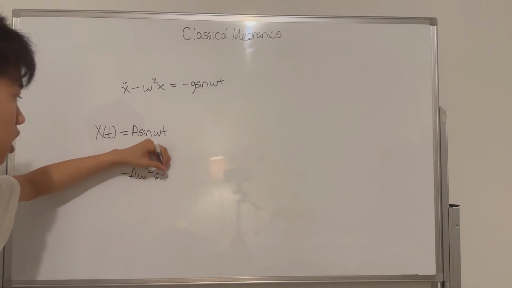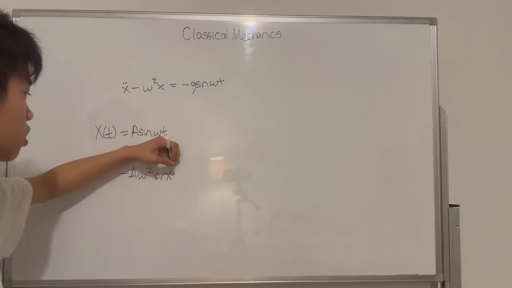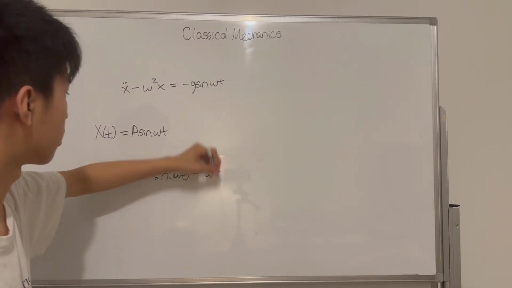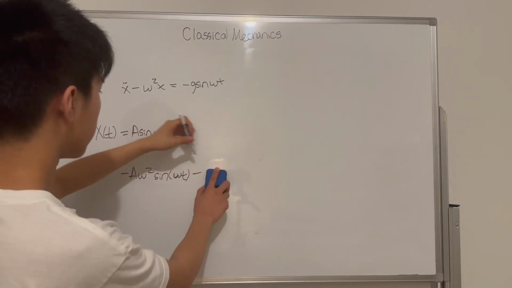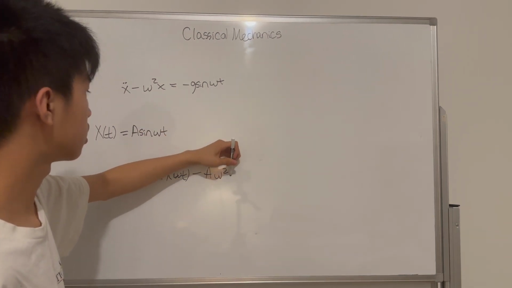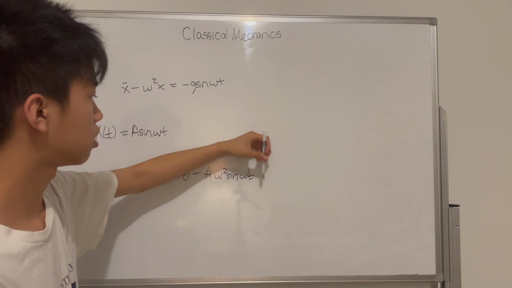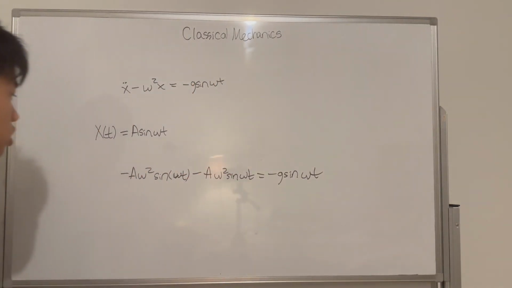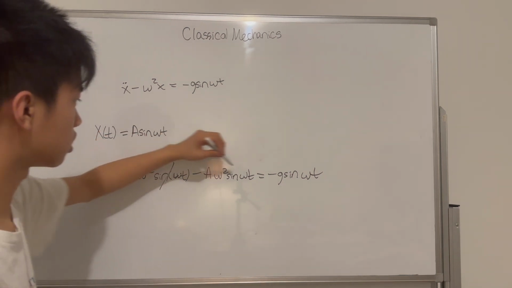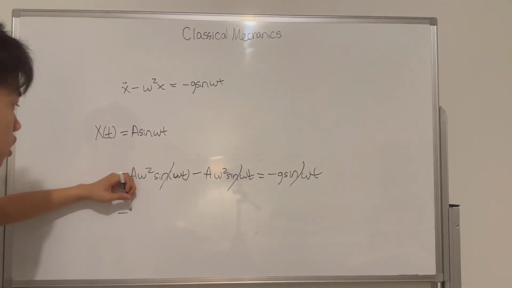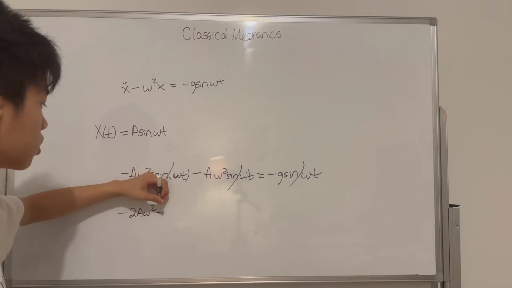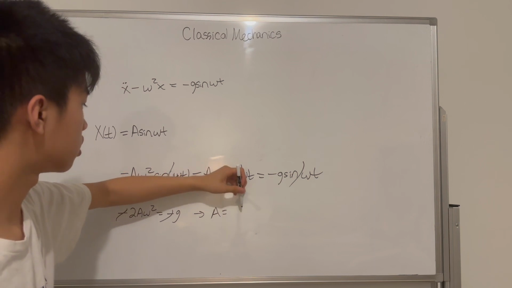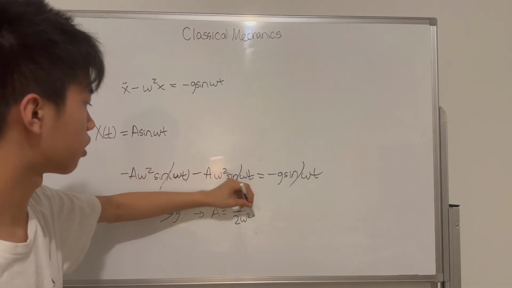You'll get negative a omega squared sine omega t minus omega squared times a times sine omega t equals negative g sine omega t. Now we can cancel out the sines. So we get negative 2a omega squared equals negative g. So then a would end up being g over 2 omega squared.